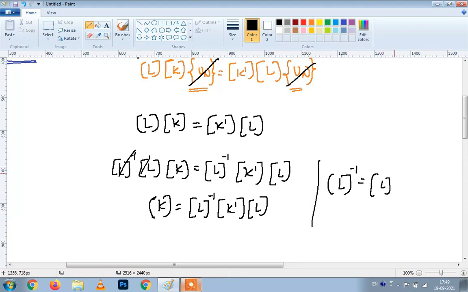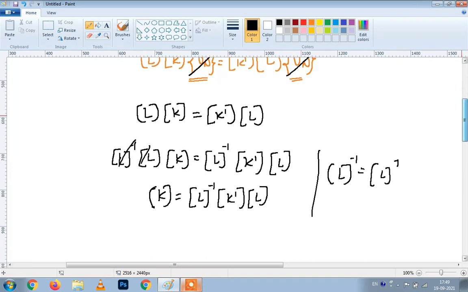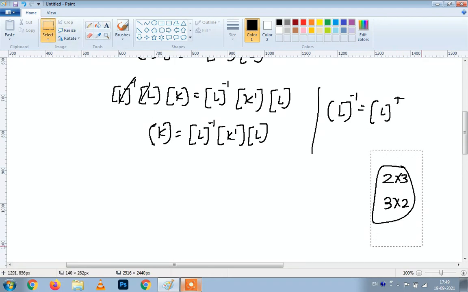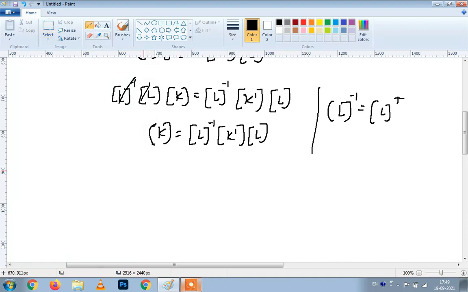What is the meaning of transpose? We are simply converting the number of rows into number of columns and vice versa. So if we have a 2 by 3 matrix, its transpose is written as 3 by 2. So now we are using this property of the transformation matrix, and we can write K is equal to, instead of inverse, its transpose into K dash into L.